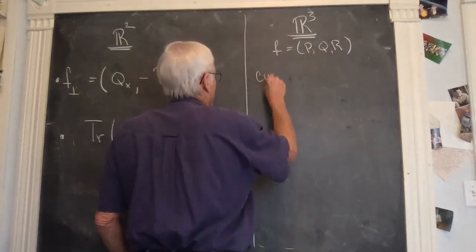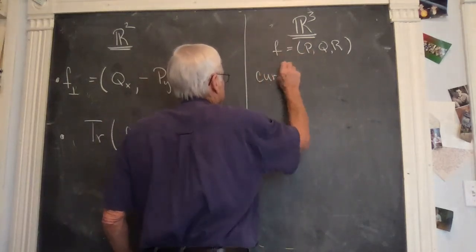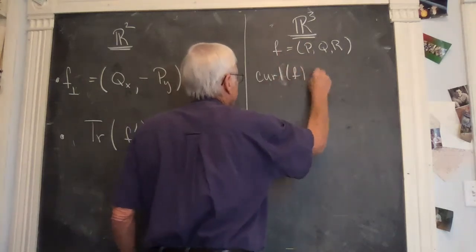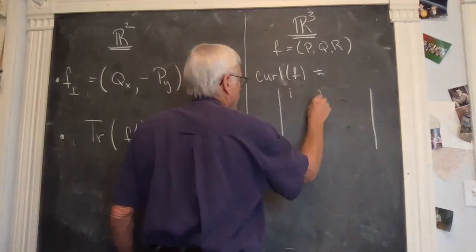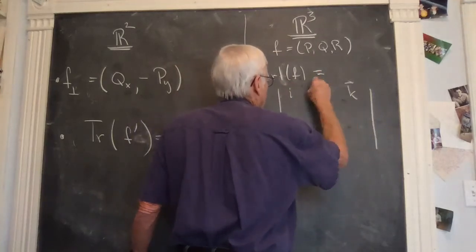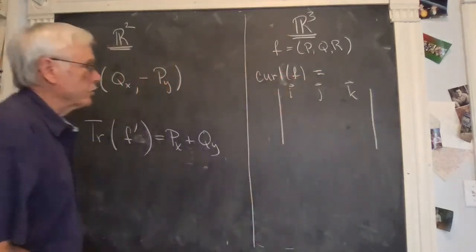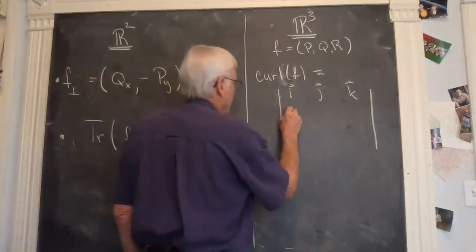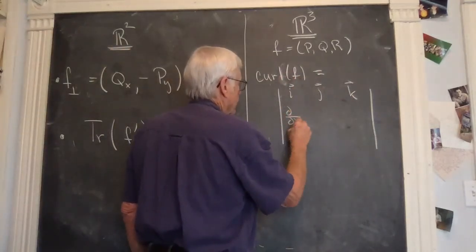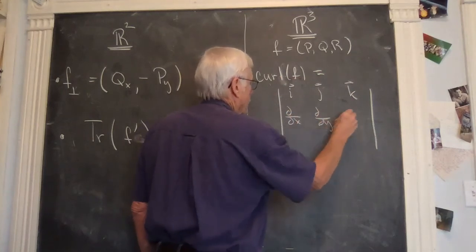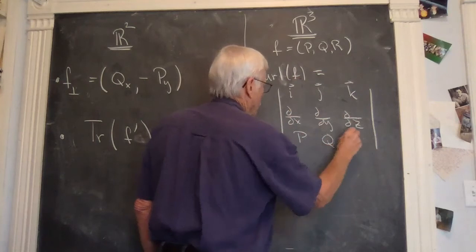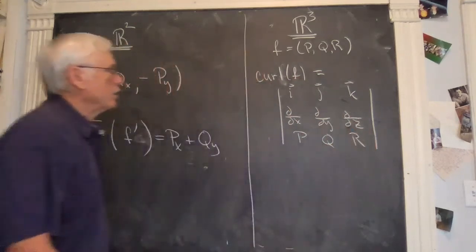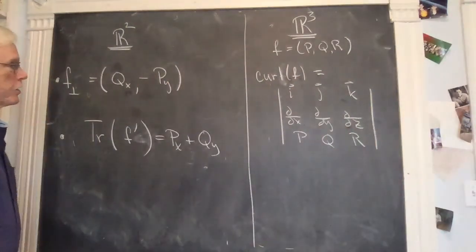And this is called the curl of F. And it's computed, not surprisingly, with a cross product type matrix. Partial with respect to x, partial with respect to y, partial with respect to z, p, q, r. So this is the definition of curl.